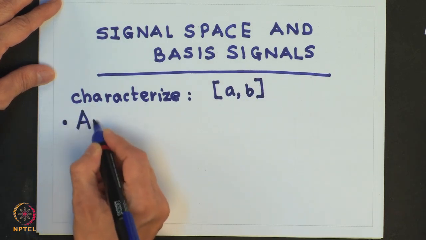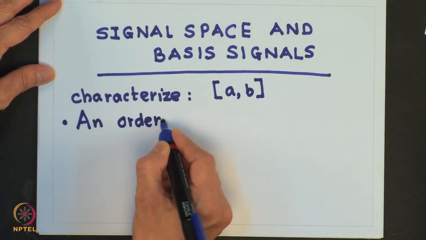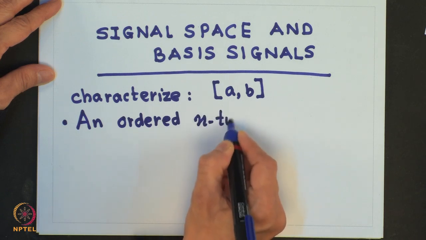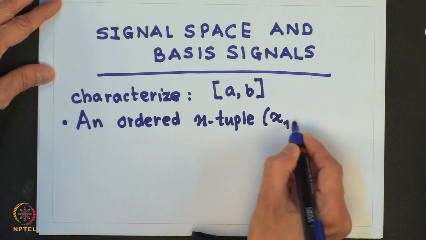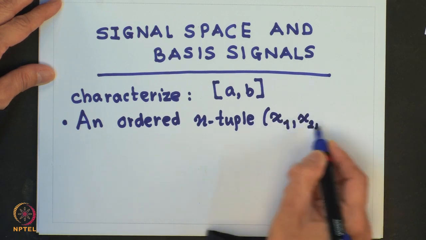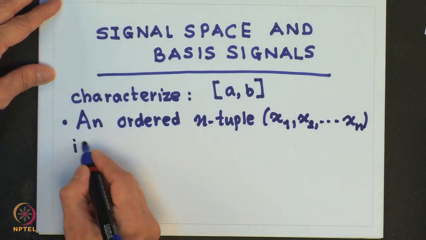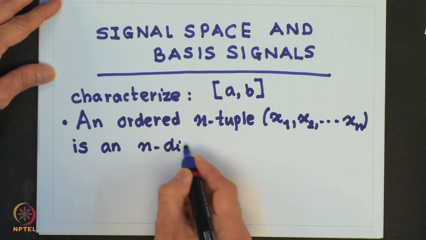Now, an ordered n tuple specified by x1, x2 up to xn is an n dimensional vector.